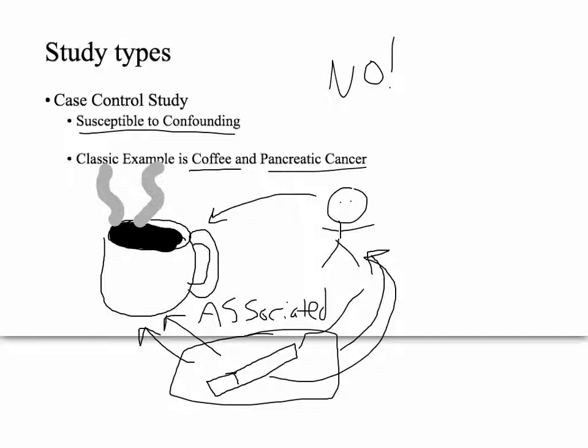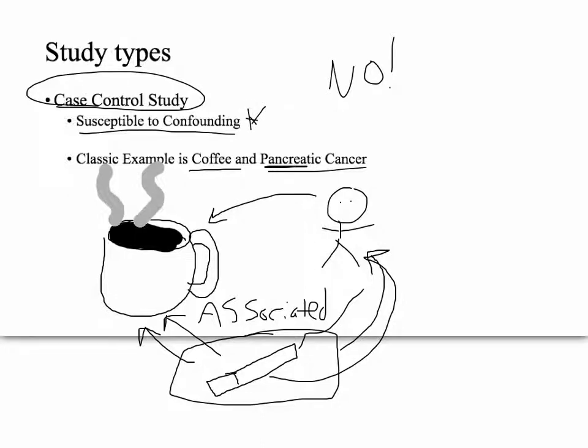For a short time they thought maybe that was the case, until they discovered that it was actually cigarette smoking that was associated with both. Now it's important to remember that case control studies are susceptible to confounding. All kinds of studies are susceptible to confounding, but with case controls you really have to be careful.